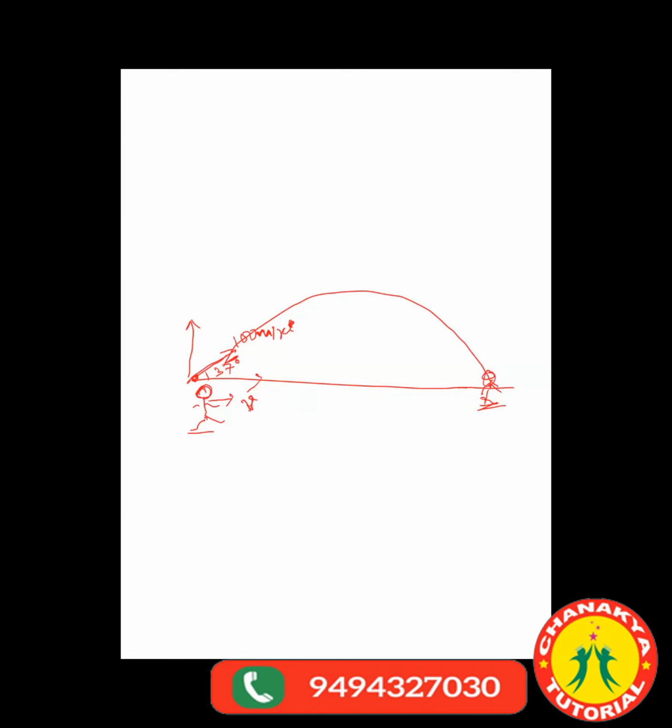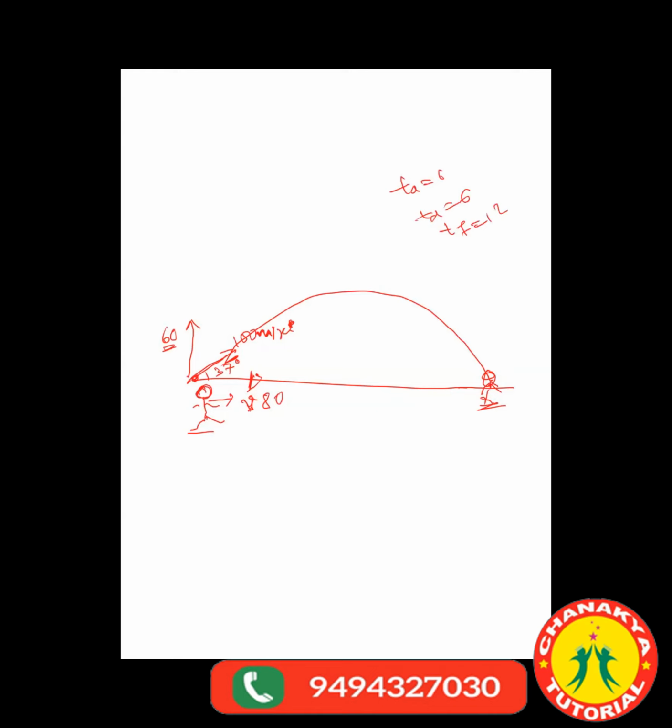Now you all know that this component is how much? 80. This component is how much? 60. So the total time it takes is 12 seconds, right? Because this 60, so time of ascent is 6, time of descent is 6, time of flight is 12.